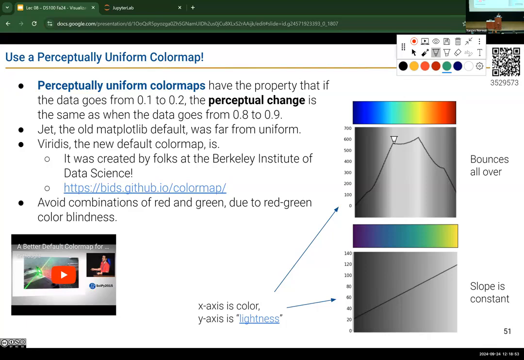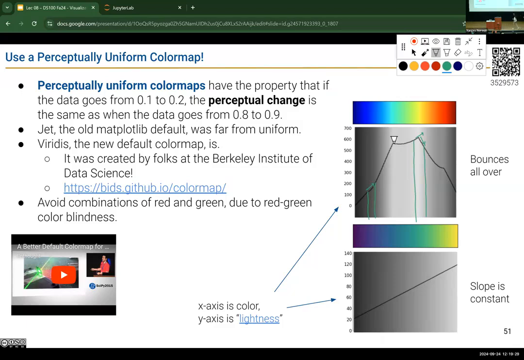If I'm going from, for example, lightness 0.1 to lightness 0.2, and I see this specific delta, and if I go from 0.4 or 0.5 to 0.6 in this area, I should see exactly the same trend and the same increase or decrease in the lightness. So in this case, not only is it not increasing, but the lightness also decreases as the color changes. That's why you're seeing that with the Jet color map, the lightness bounces all over the place and it's not a linear trend.